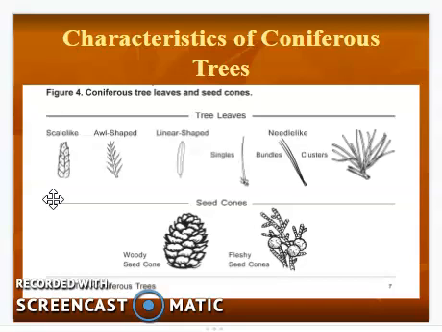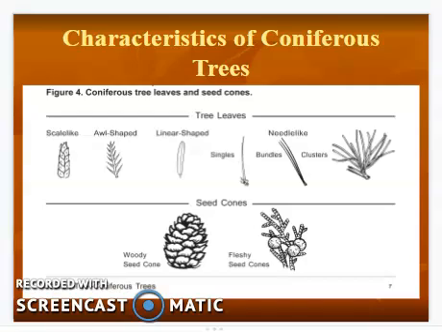How long is the leaf? The last part is the arrangement. Are they in bundles or clusters? Are they held together in tufts of 12 or more? Are they in bundles of 2 to 5? Those are the kinds of things that Bob is going to go through with you to help you identify the leaves that you're encountering.